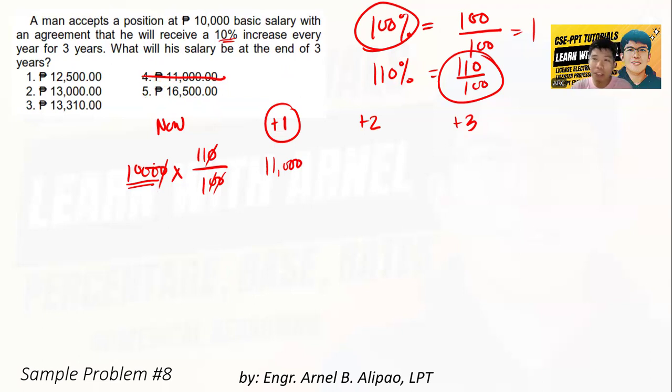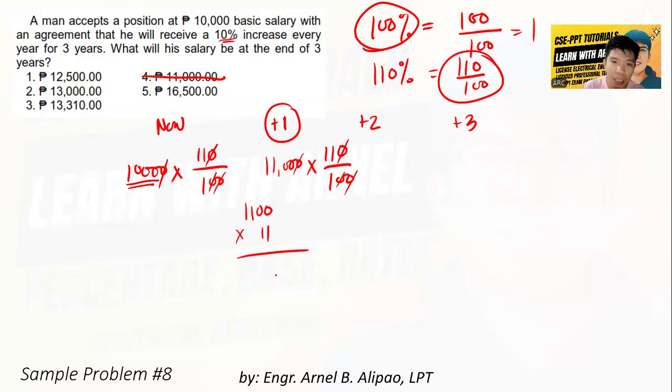So now, after 2 years, what is going to be your salary? So again, you will have another 10% increase from this. This is now our reference, 11,000. So meaning, we're gonna multiply this by, again, 110%. We cancel 1 0, we cancel 1 0, we cancel 1 0, we cancel another 0. So we are left with 1,100 times 11.